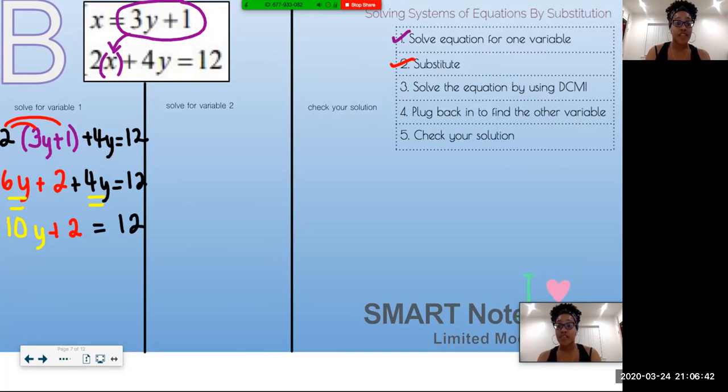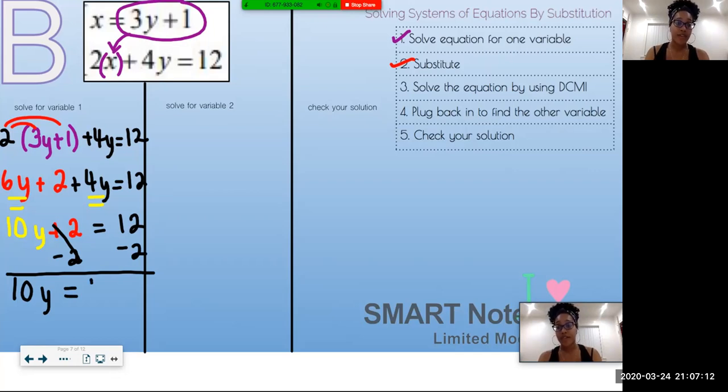So I just need to do inverse operations to isolate that variable. The variable that I want to get is y. So what's on the same side as y that we don't want there? That's right, positive 2. So how do we get rid of it? Inverse operations, negative 2. So 10y, these things go away because they're opposites, they're inverse, they give me 0, right?